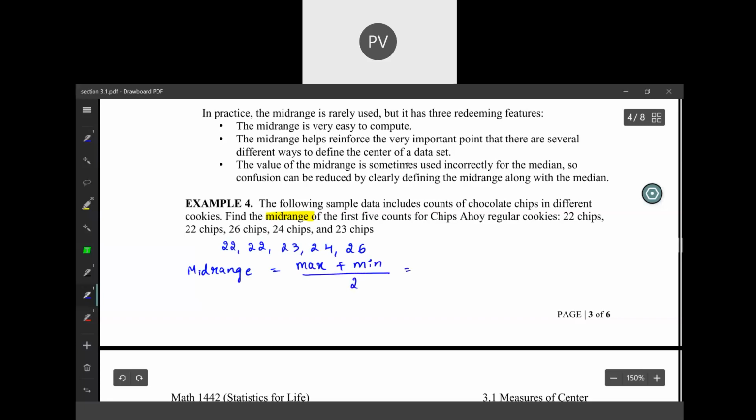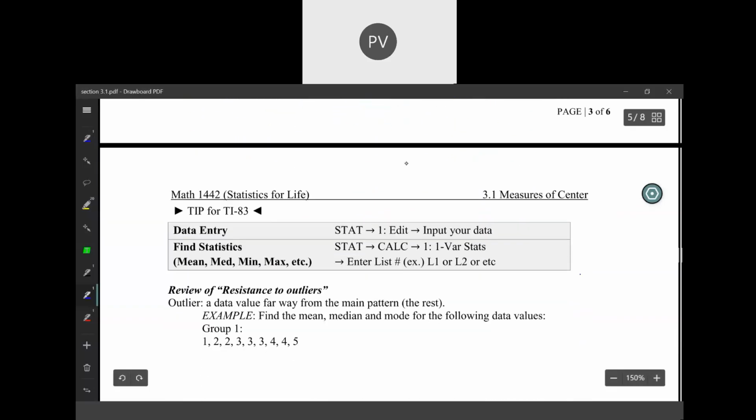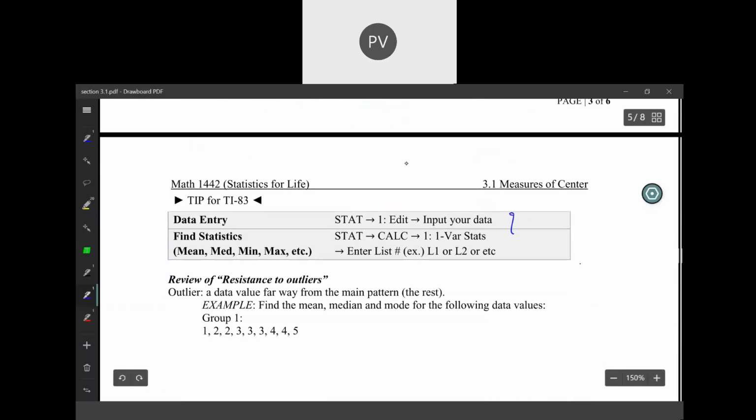Which is the maximum number? 26. Plus, which is the minimum number? Even though it is repeated twice, you are supposed to choose the minimum number as 22. Divided by 2 will be your mid-range. You can follow this and you can also do this in your calculator.